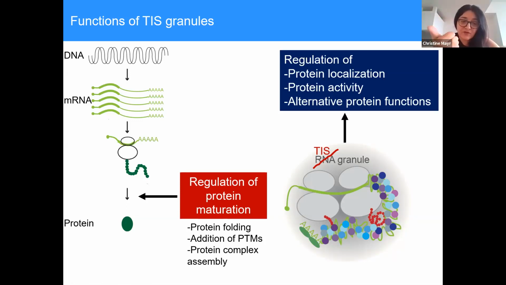You synthesize a protein, then it needs to fold, then it needs to add post-translational modifications, it needs to find the protein interaction partners. Most people assume that this all happens by chance, on its own. But we think that many of these processes are actually regulated, and that TIS granules have a strong influence on these processes. This is what we are investigating right now.